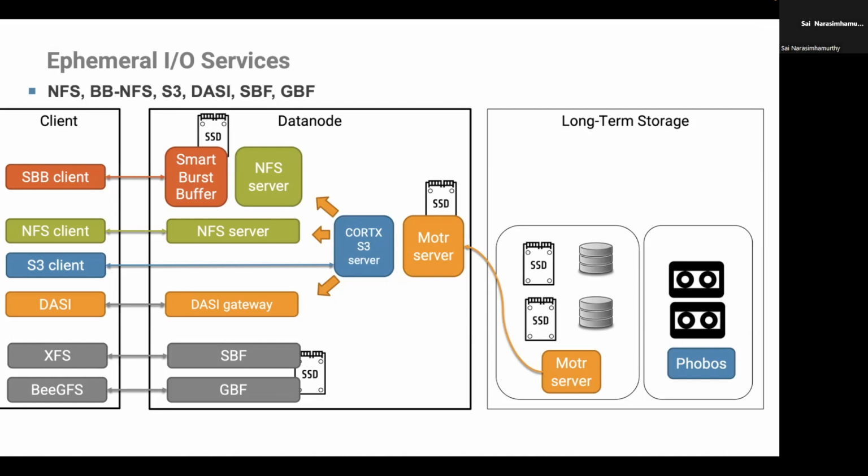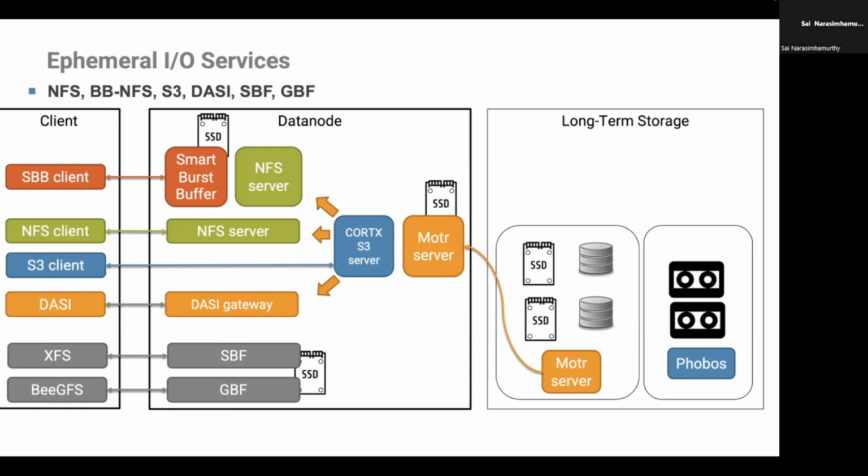So long-term storage on the right, you can see that storage will be attached to the Motr server, and then the instance of the Motr server set up on the data node itself will be able to talk to the long-term storage. And again, if you remember or attended some of the talks, what's the role of HSM within long-term storage, data node, and the ephemeral services.